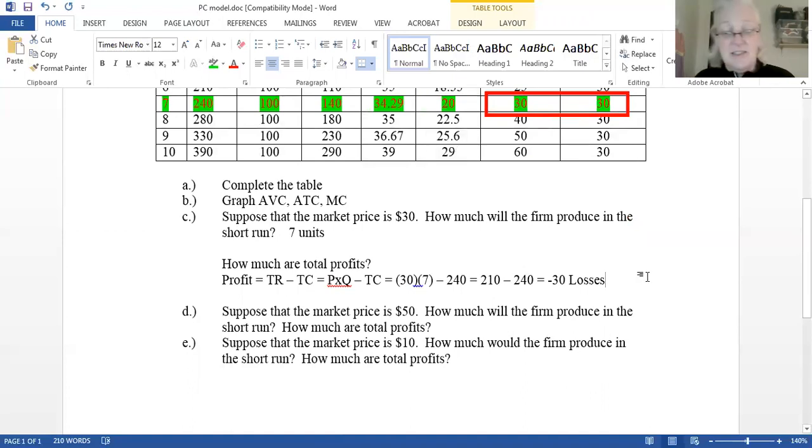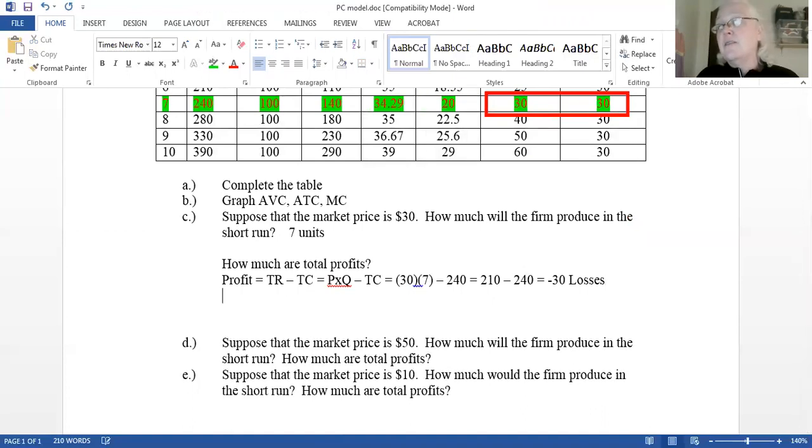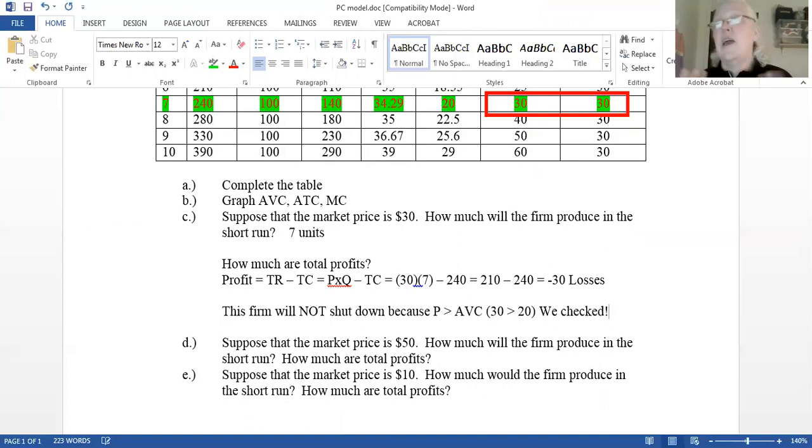Let me write that in here so you can learn that. This firm will not shut down because price is greater than AVC. We know that 30 is greater than 20. We checked. Okay, so we're going to keep operating even though we're experiencing a short-term loss.